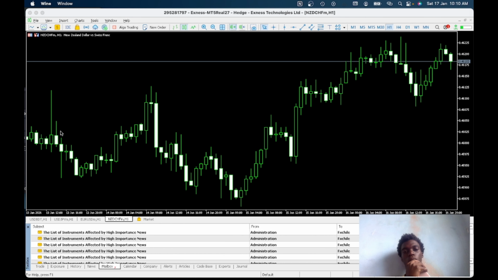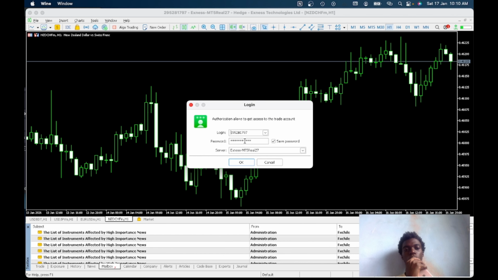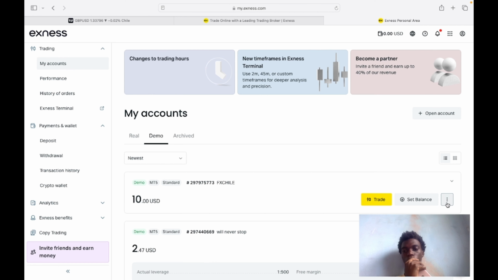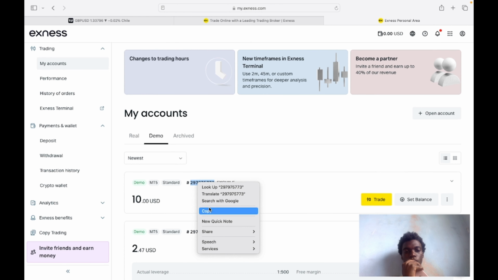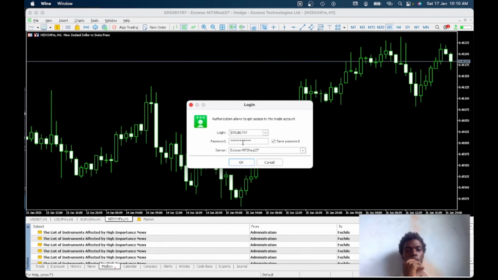Log into a trade account. We're going to get the details from this account. We only need this number right here. Paste it right here.